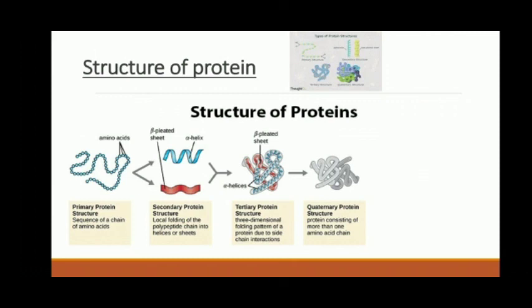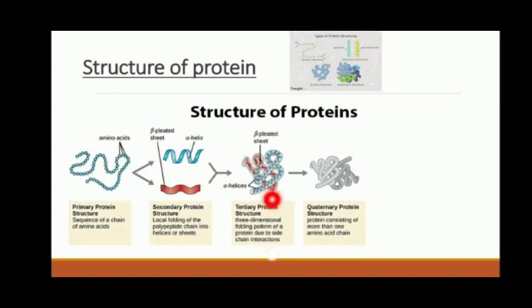Primary protein structure is a sequence of a chain of amino acids, arranged sequentially in a linear form. Secondary protein structure is local folding and coiling of the polypeptide chain into either a helix, the alpha helix, or a sheet-like structure, that is beta pleated sheets.